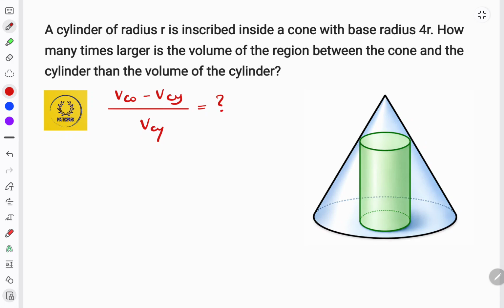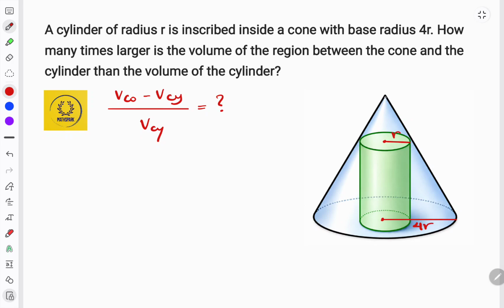You know that for finding the volume of cone and cylinder, we need the radius and the height of them. The radius of this cylinder is r and the radius of the cone is 4r.